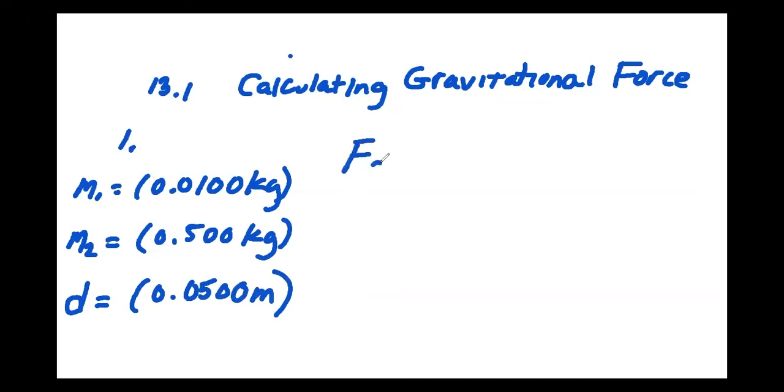So Fg is equal to G M1 M2 over D squared, and G is a constant.